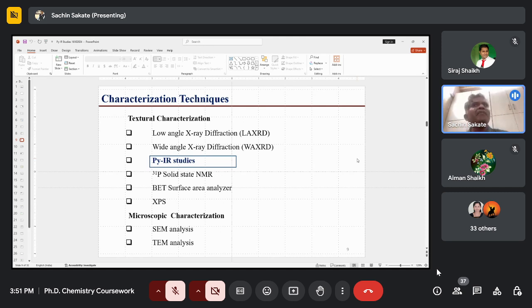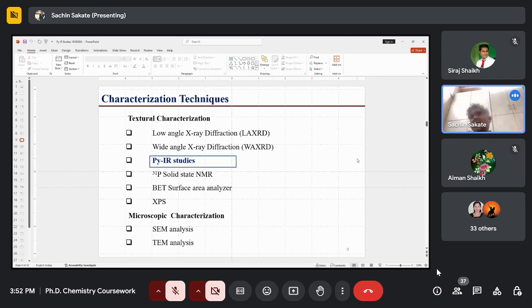Surface area is determined by adsorption and desorption of liquid nitrogen, and pore size and pore volume are also determined by the adsorption of ammonia and liquid nitrogen. So you get a fantastic idea about area, pore size, pore volume, and diameter.